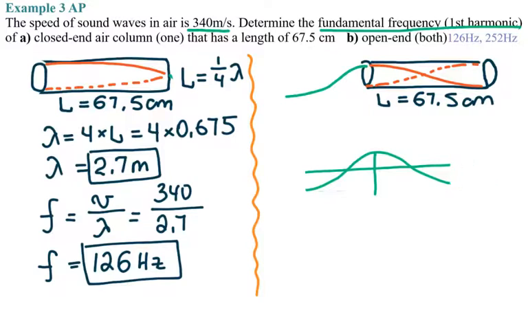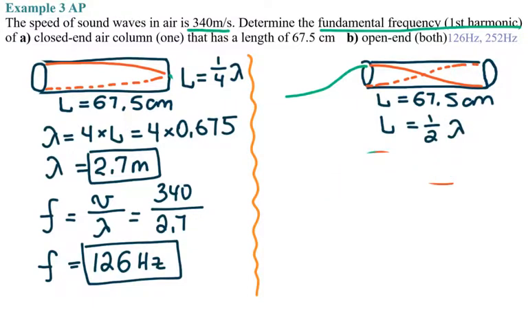Every wave has 4 parts: 1 part, 2 parts, 3 parts, 4 parts. In my case, I already have 1/2 of the wavelength. So in this case, L is equal to 1/2 of the wavelength.